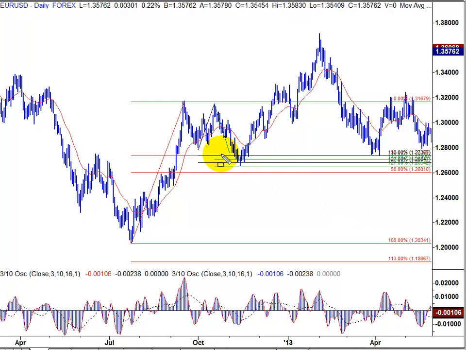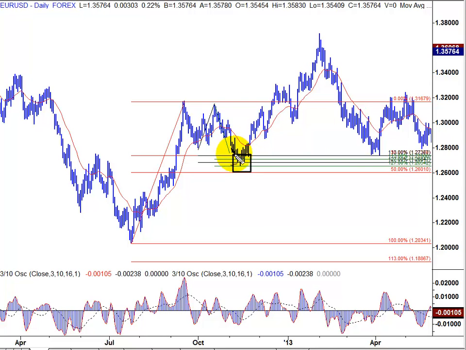So we notice in this area right here that there's a cluster of price bars in that zone, horizontal levels also.